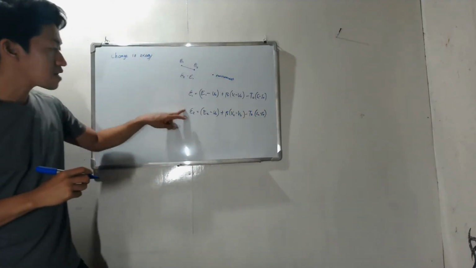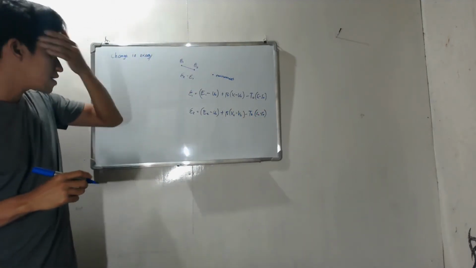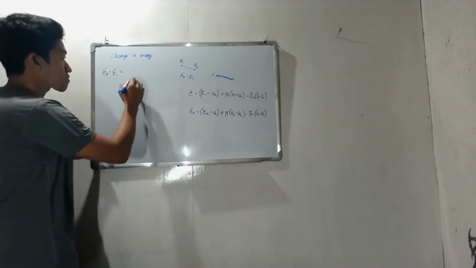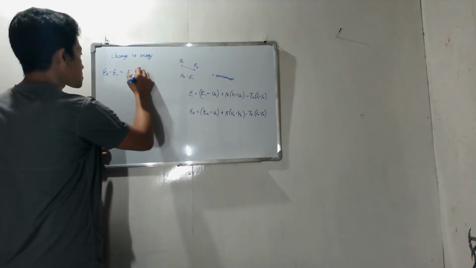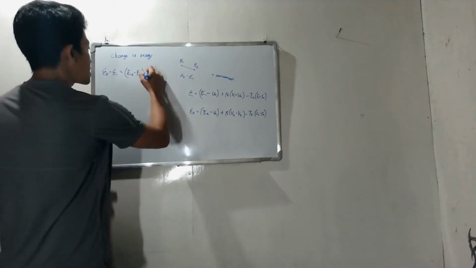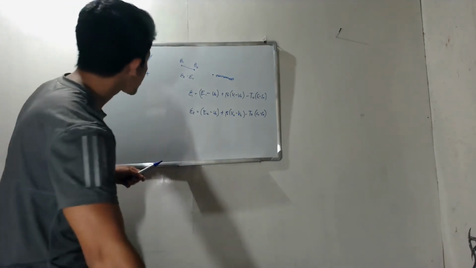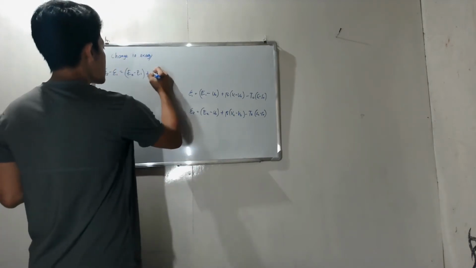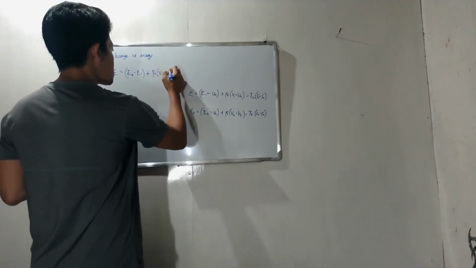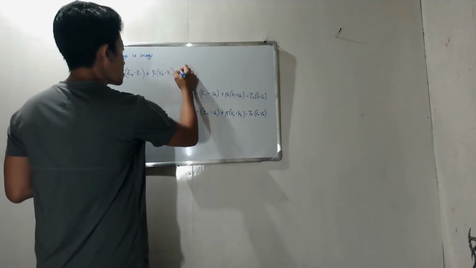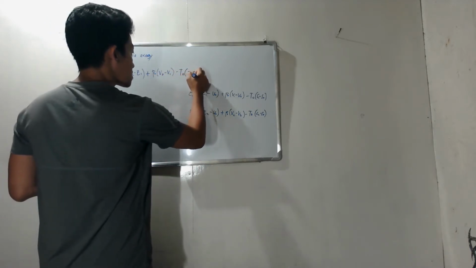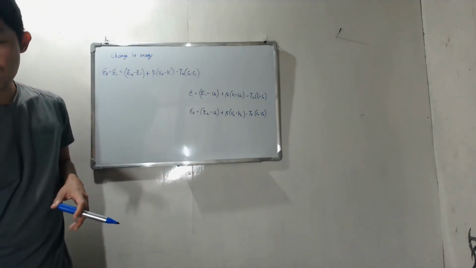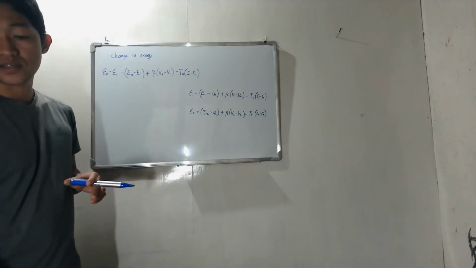Then you subtract E sub 1 from this, and you will get this equation: E2 minus E1, plus P sub O times V2 minus V1, minus T sub O times S2 minus S1. That will be your change in exergy.